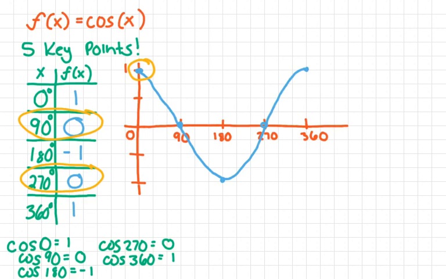We have a relative minimum at 180 degrees and negative 1. And we have 2 relative maxes at 0, 1, and also 360 degrees, 1.